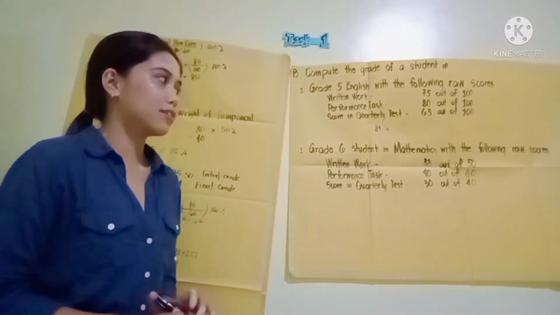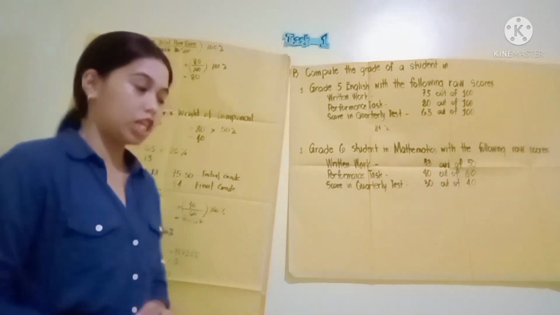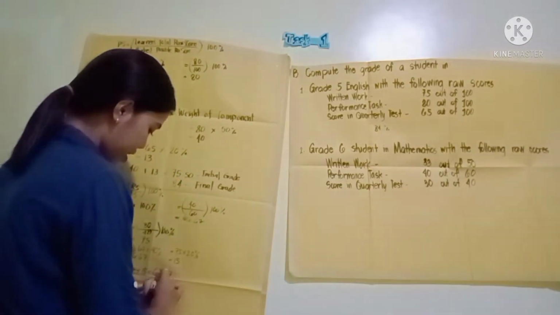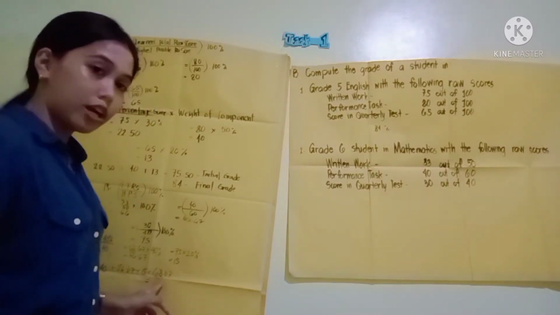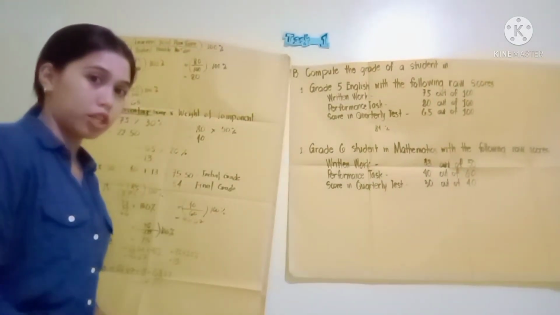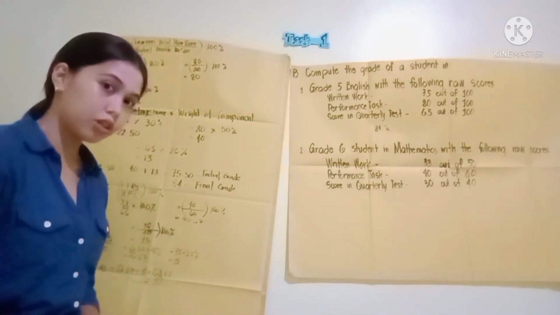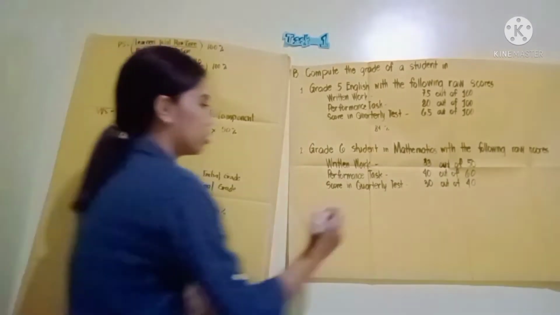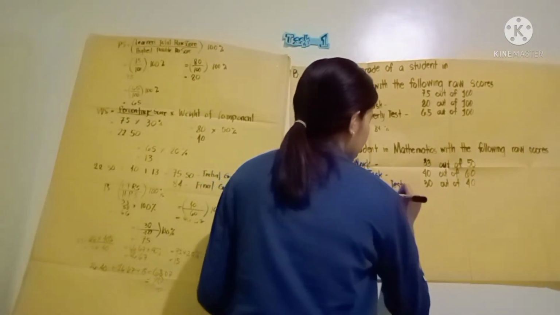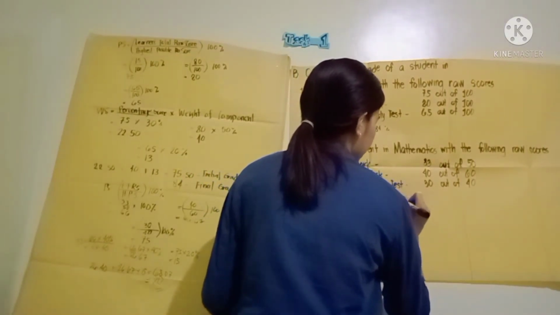The grade 6 student's mathematics grade of 68.07 is transmuted through the transmutation table, which is the final grade of 80. So his final grade is 80%.